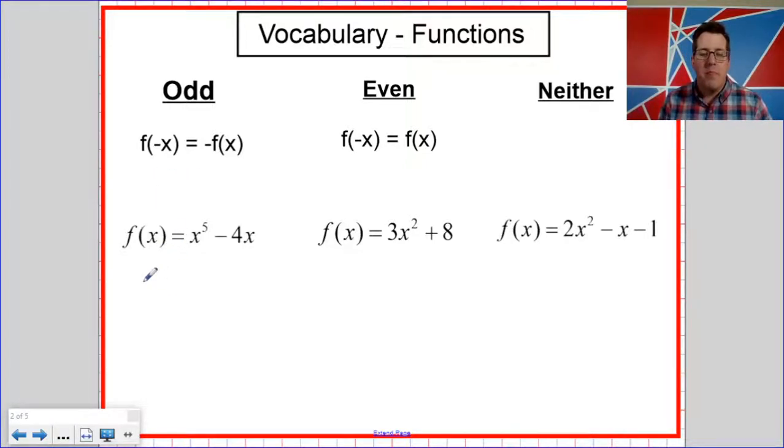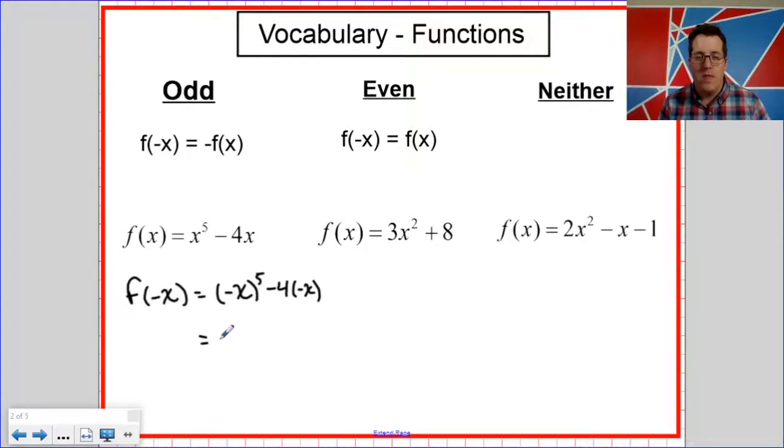So for example, when I look at this function given to me as f of x equals, if I plug in the opposite of x, I can see that when I take all of the operations into account, the opposite of x to the fifth power is still the opposite of x to the fifth.